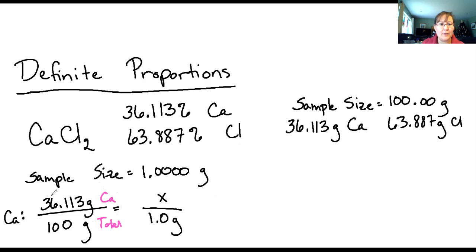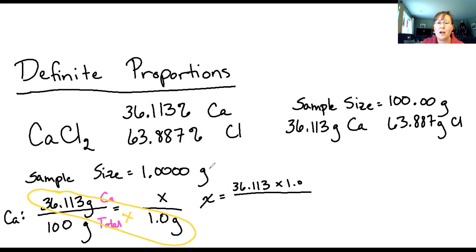And I'm showing this all out so that you can see this is how you solve this kind of proportion. It's called cross multiplication. You're going to multiply what's here and divide by what's left over. And that means that our X will equal 36.113 times 1.